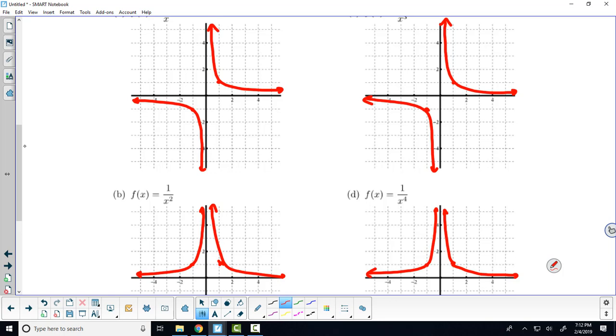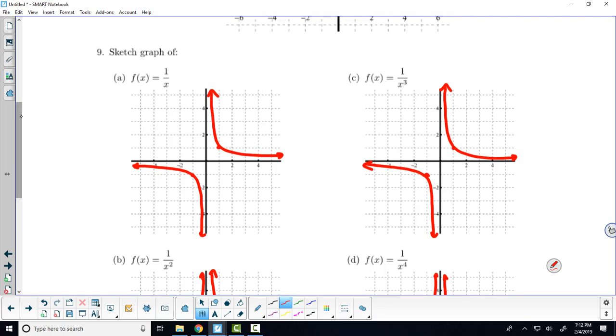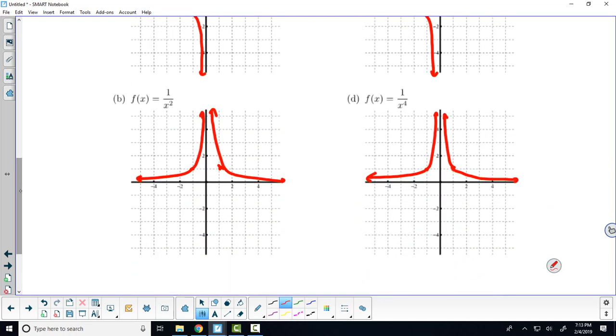And we can describe the behavior specifically. For these functions that have powers of x in the denominator, if it's an odd power, as x approaches 0 from the right, it approaches infinity, but as x approaches 0 from the left, it approaches negative infinity. For their even counterparts, it doesn't matter the direction of approach. We're always going to approach infinity.